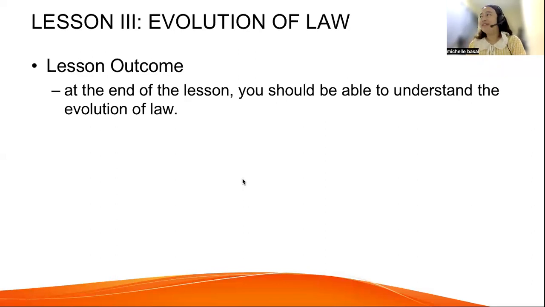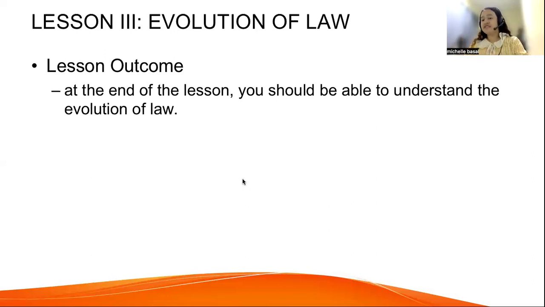That's why you will notice we have terms such as reclusion perpetua and reclusion temporal for our penalties, because the majority of our criminal laws were taken from Spanish law. The Revised Penal Code was actually written in Spanish. It's just translated nowadays.